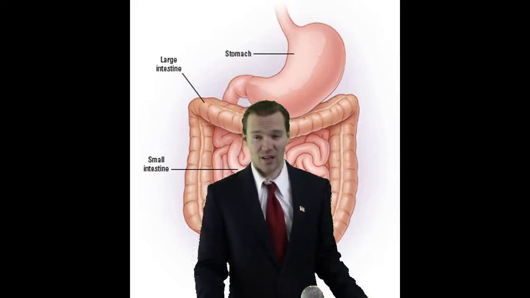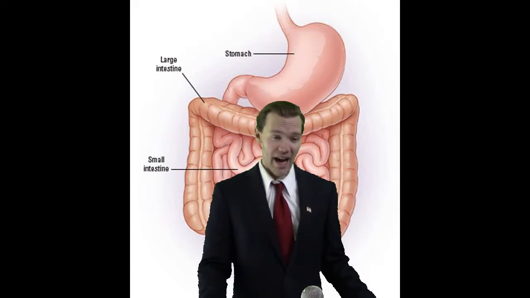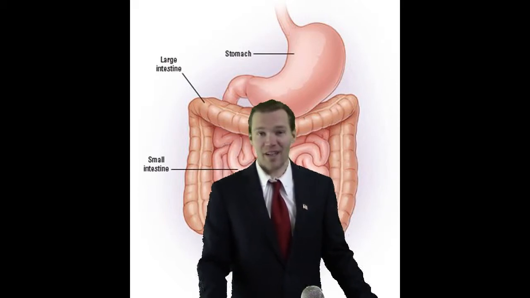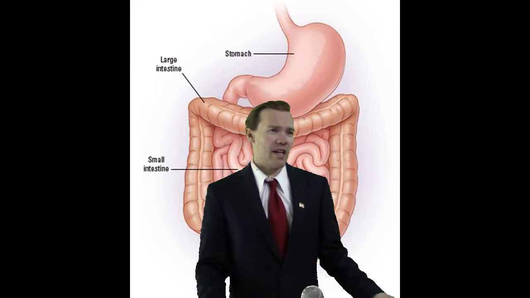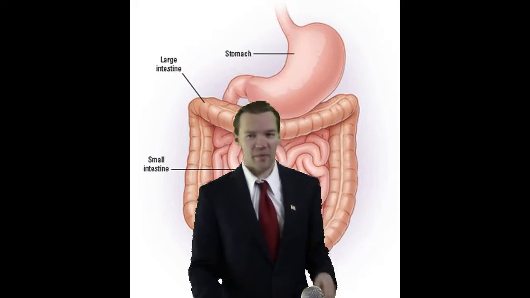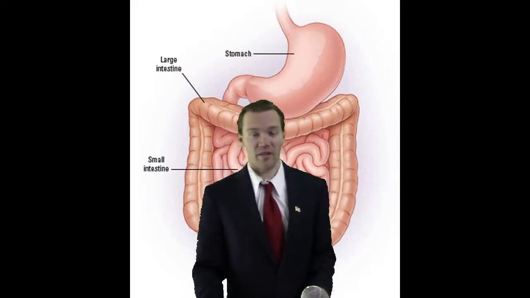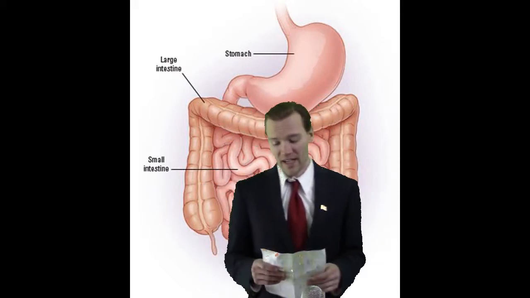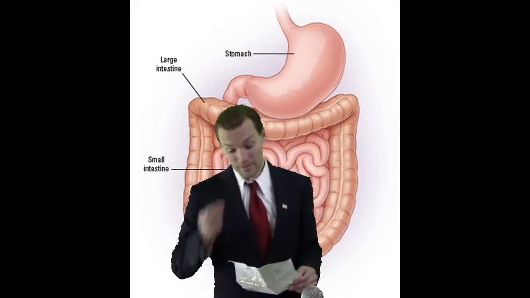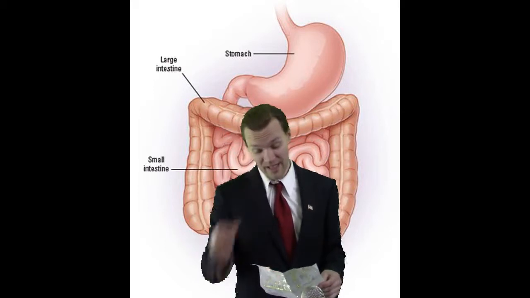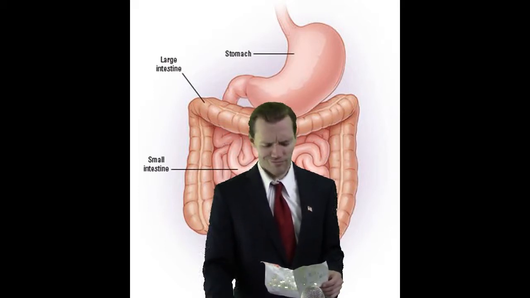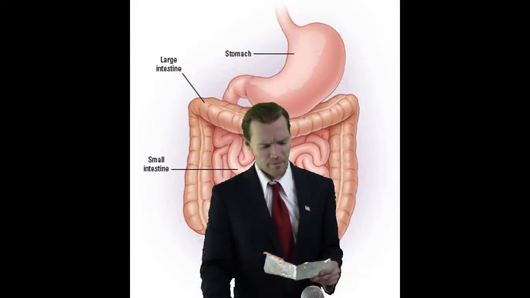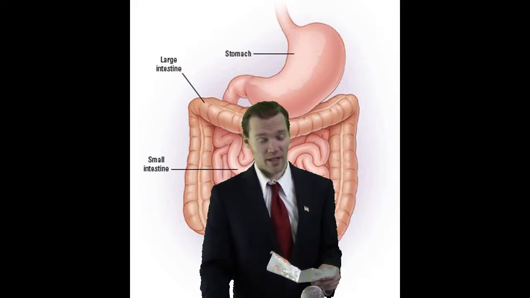One of the reasons why it's called the large intestines is because its diameter is about 3 times as much as the small intestine. Now, yeah, the surface area is going to be significantly more than that because it's a function of the square of the radius. So the small intestines are only about 1 inch in diameter and the large intestines are 3 inches in diameter. So they're going to be roughly about 9 times the size as far as surface area goes.